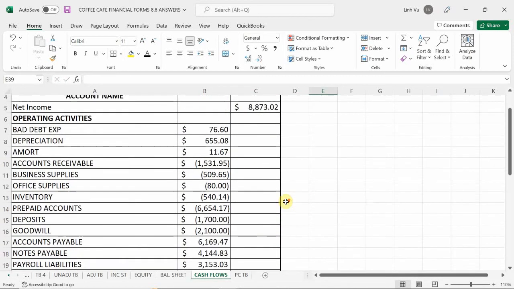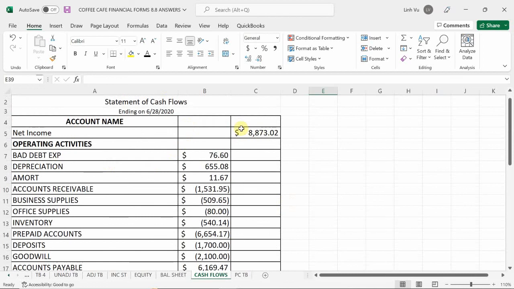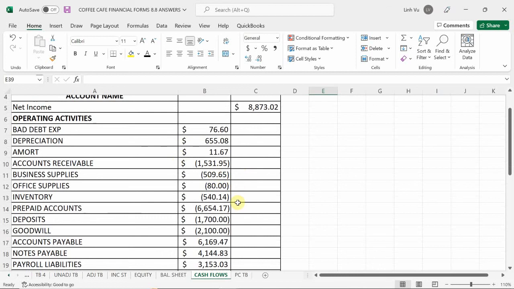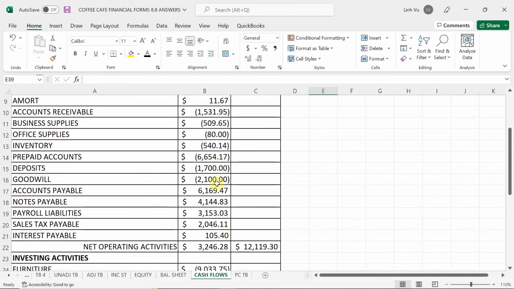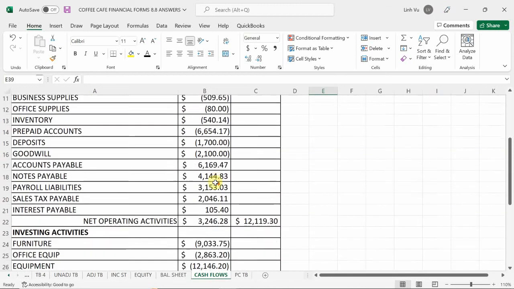So the first one, for operations, is what we generated. But this is all the money that we have to add back for the non-cash items. We have to subtract out all of our money that we spent, or money that we never received in the first place, and then add back the money we never spent.